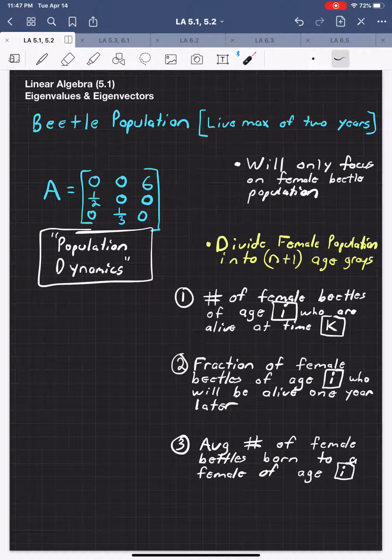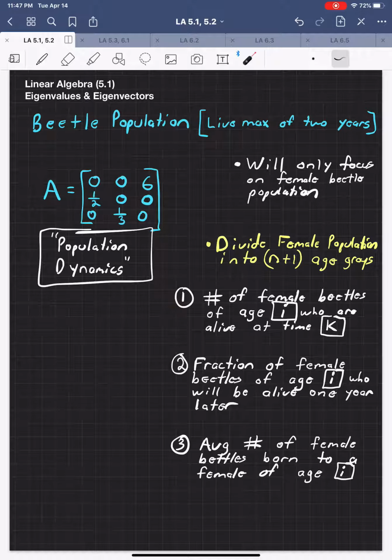And now we're going to divide our female population into some age groups. Each of these groups is going to represent a particular number of beetles.